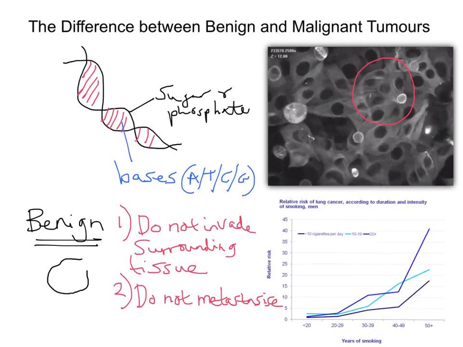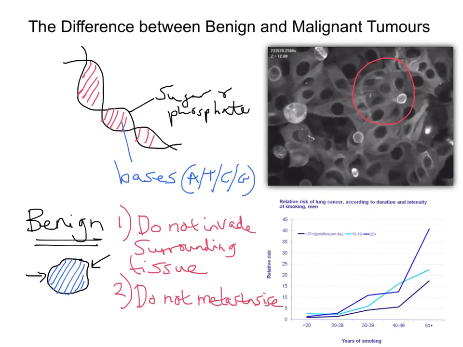A benign tumour could look like this, for example. This could be a tumorous growth with a very clear border, a very defined fixed edge that won't spread. Now that is a benign tumour, and that is not, by definition, cancer as we come to understand it.